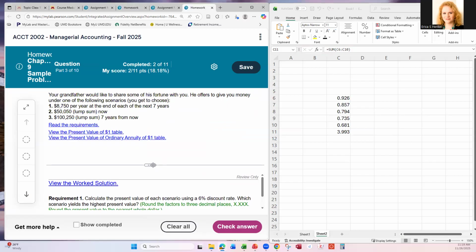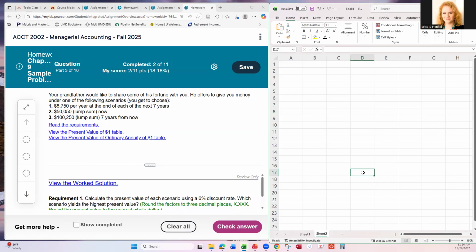We can either get $8,750 per year at the end of each of the next 7 years, or we can get a lump sum of $50,050 now, or we can get a lump sum of $100,250 7 years from now.